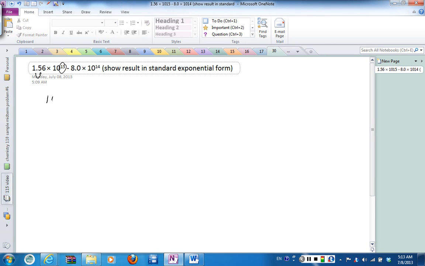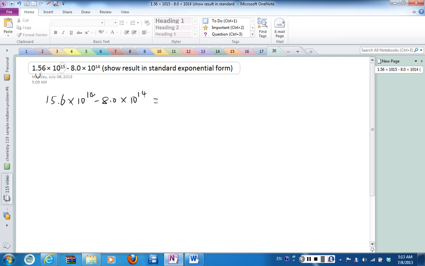So you're going to get 15.6 times 10 to the 14th power, now minus 8.0 times 10 to the 14th power. Now they're in the same exponent of 10, so you can do the subtraction. Don't forget to follow the subtraction rule: whoever has the smallest number of decimal places determines the decimal places in the final result.